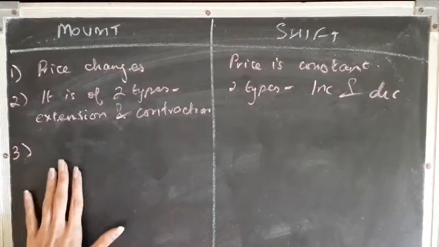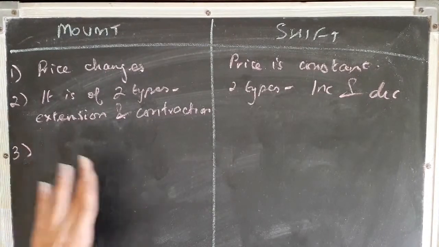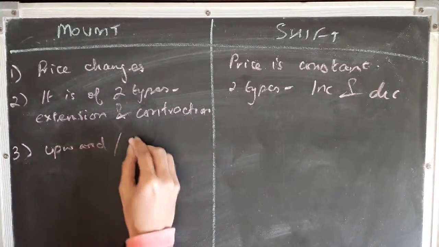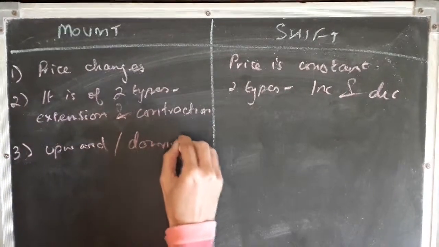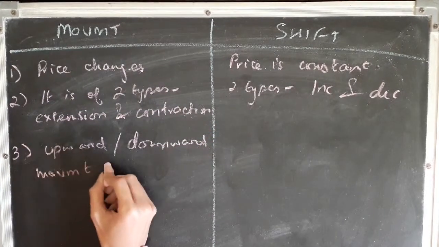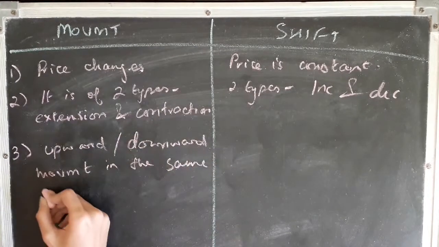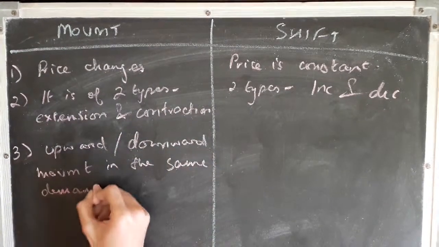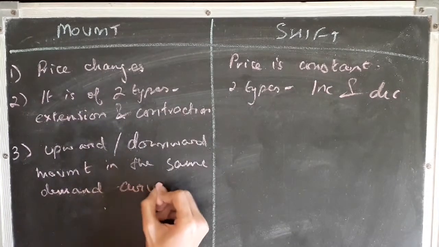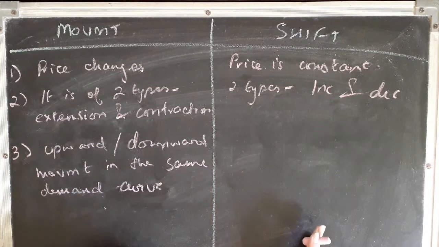The third difference is a very important difference, which states that there is an upward or downward movement in the same demand curve. Notice that here there is only one demand curve in which we are either moving upward or we are going downward.